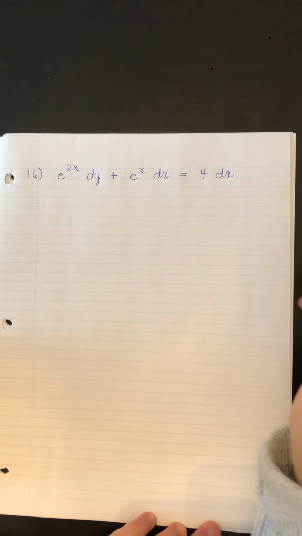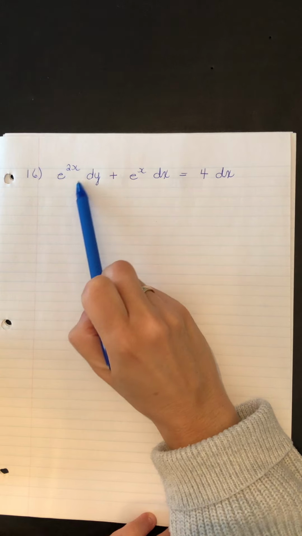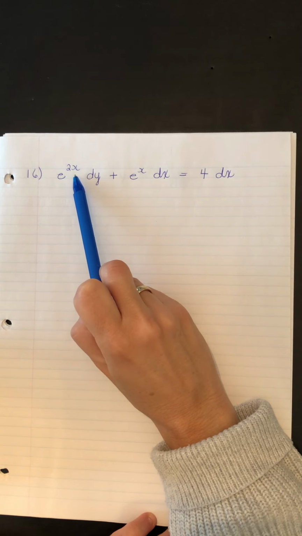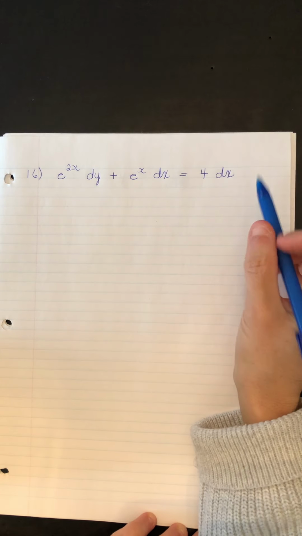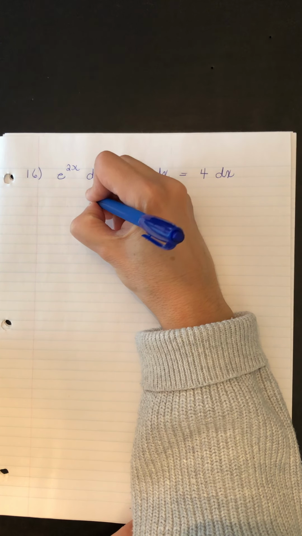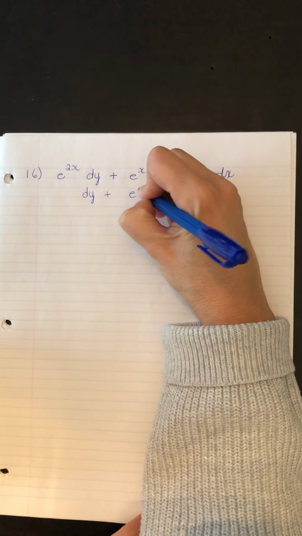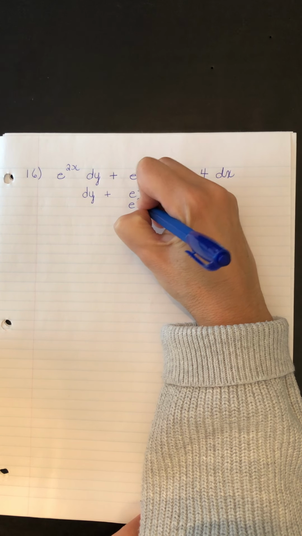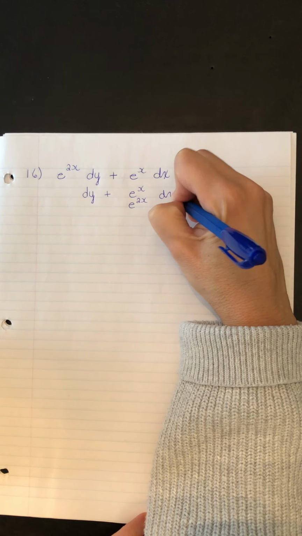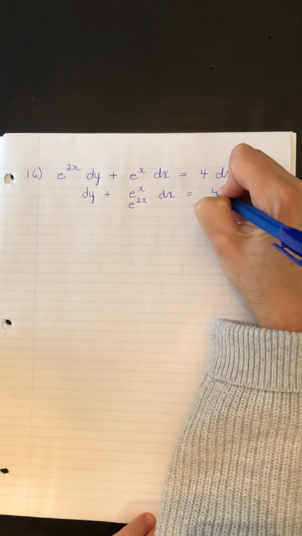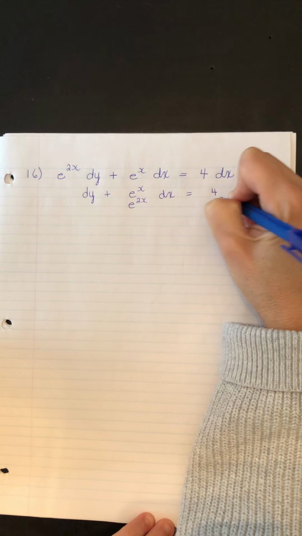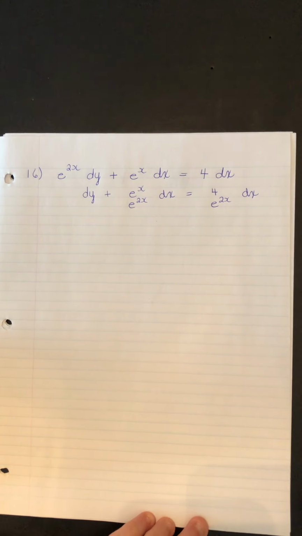So can we fix this simply by dividing all terms by e to the 2x? Yes, I think that will work. So let's do that. We're going to divide this term by e to the 2x, and this term by e to the 2x, and this term by e to the 2x.